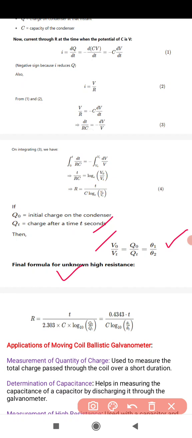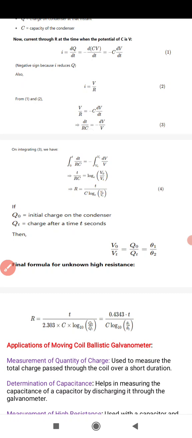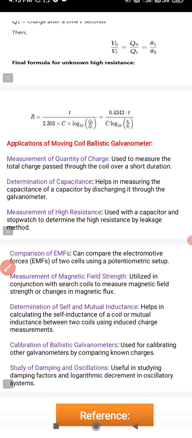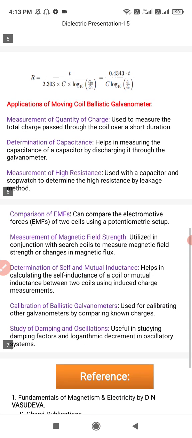The final formula for the unknown high resistance is R equals T divided by 2.303 into C into log to the base 10 of Q naught divided by Qt, which equals 0.4343 into T divided by C into log to the base 10 of theta 1 by theta 2, where Q naught by Qt changes to theta 1 by theta 2. This is the high resistance measurement using the ballistic galvanometer.